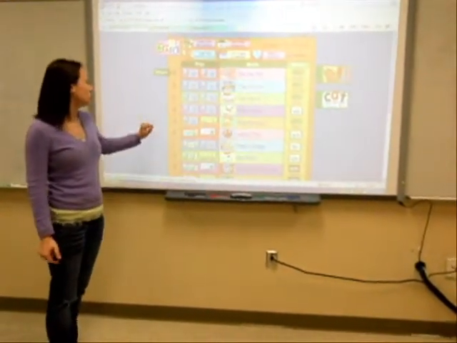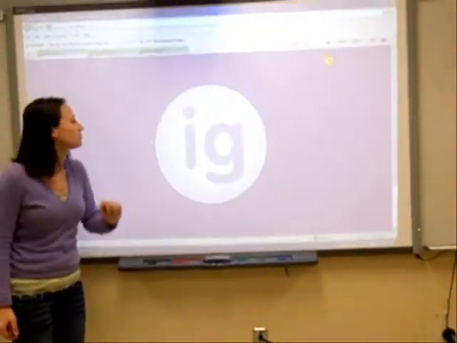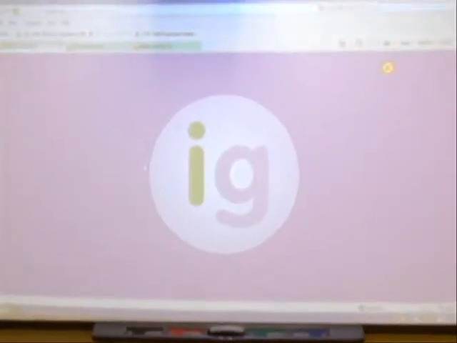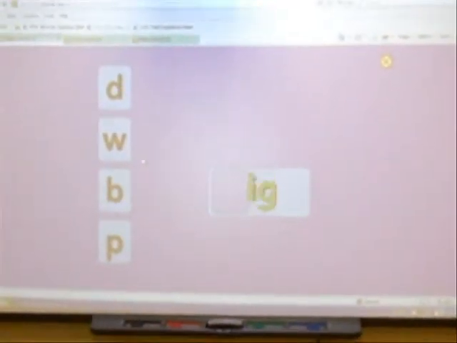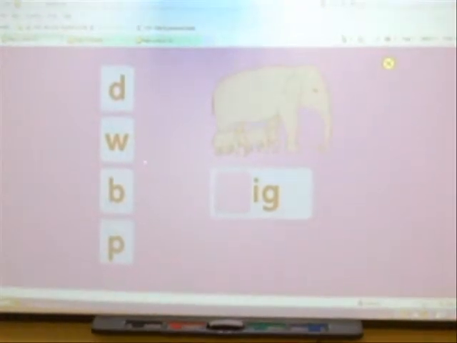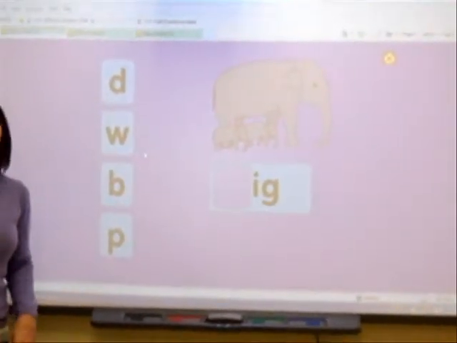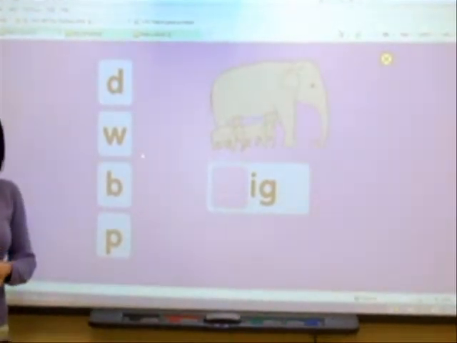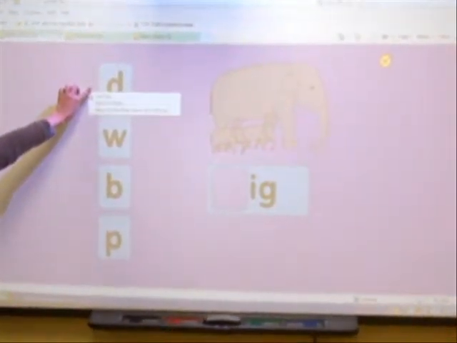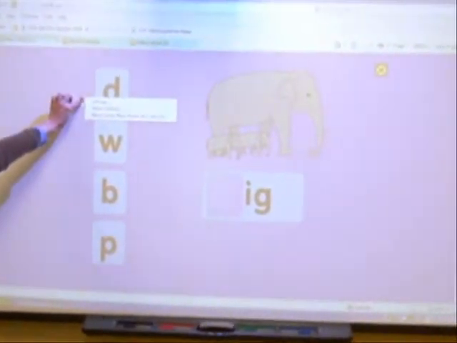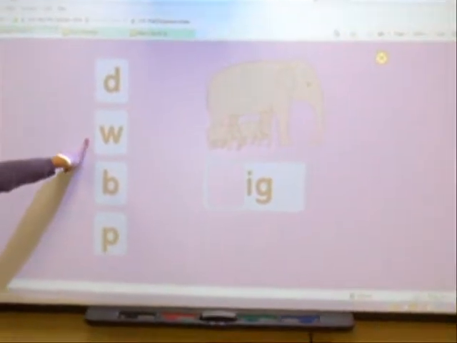We are going to use the I sound. Make a word with egg to match the picture. Big. We need to find the word big. And how does that start? How does this one start? Is that big? No. How does this one start?